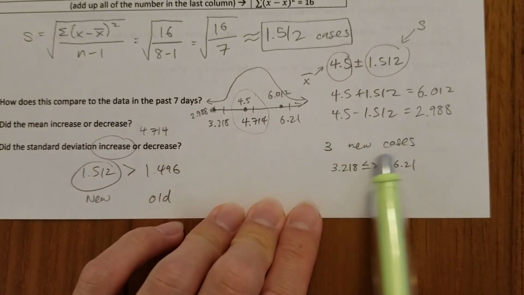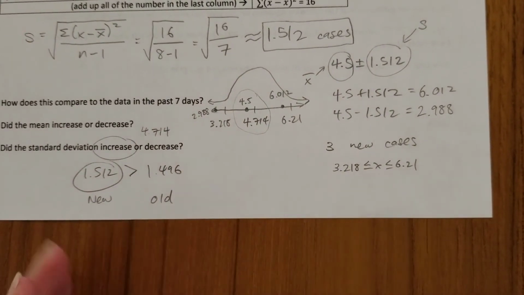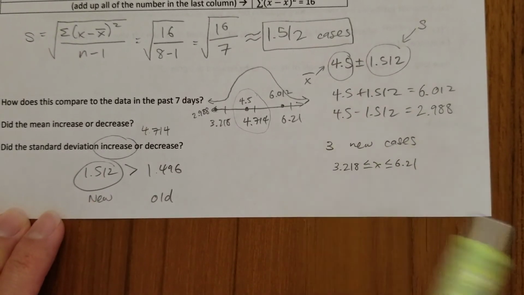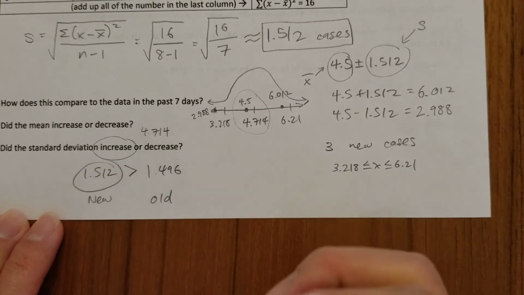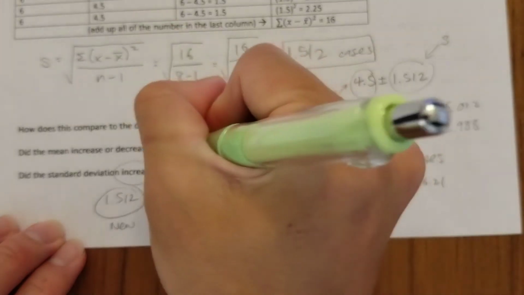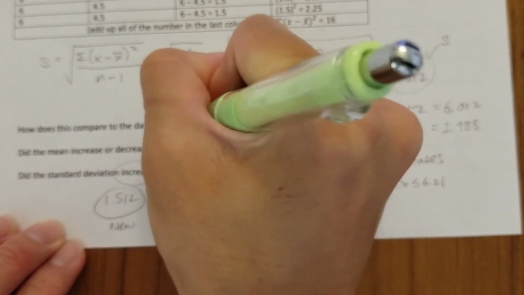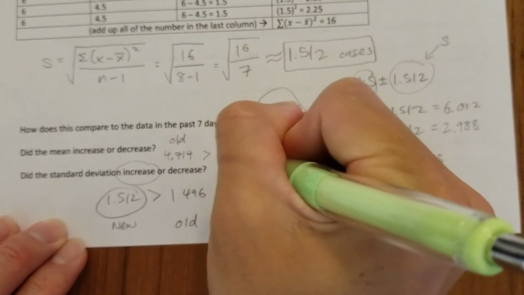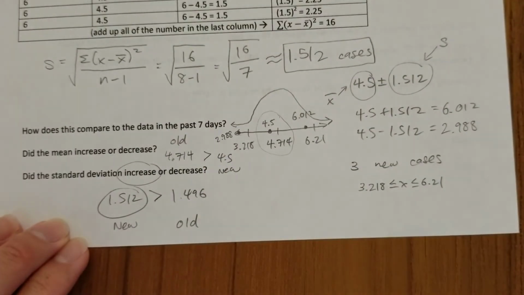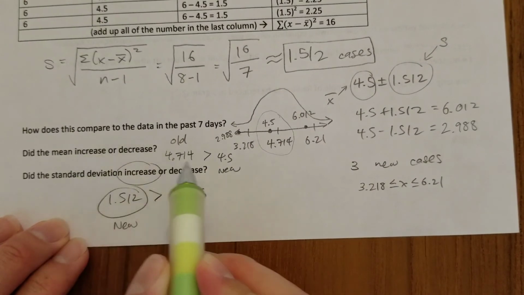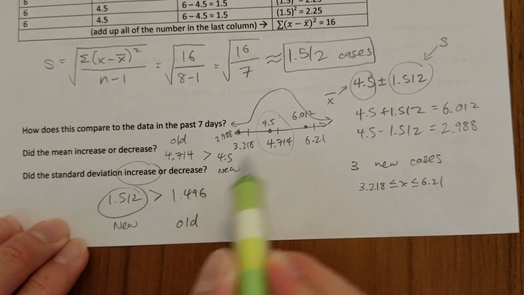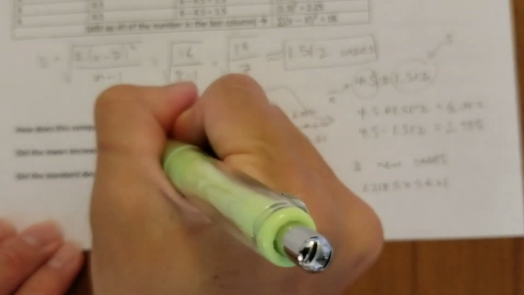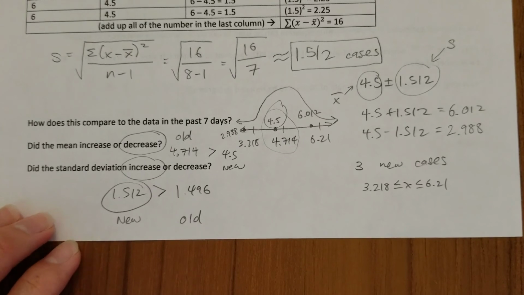Because we have 3 new cases on the 8th day, the old data is greater than the new data. This is the new data. Sorry, running out of room here. So does the mean increase or decrease? This is our new average, 4.5. So the mean had to decrease.